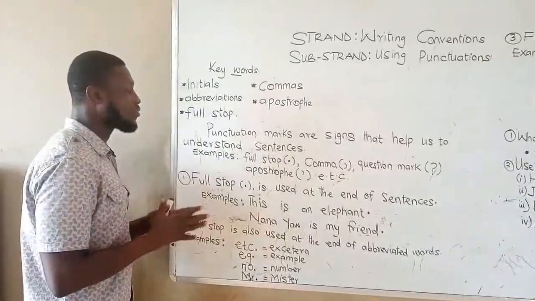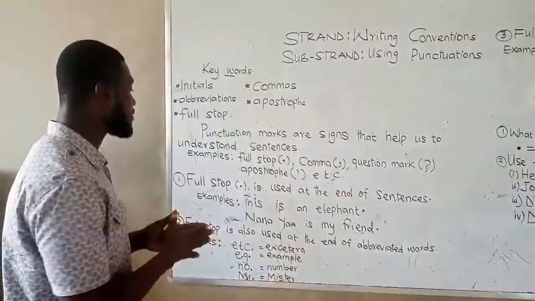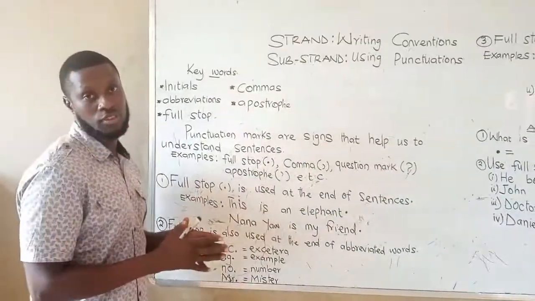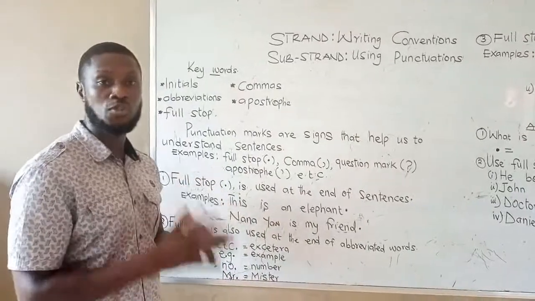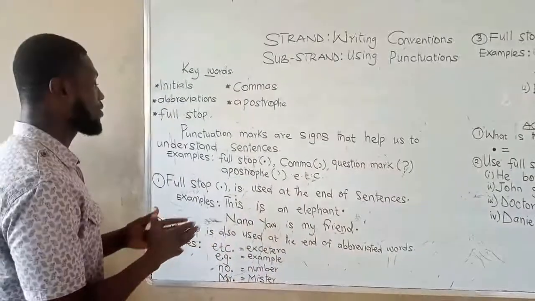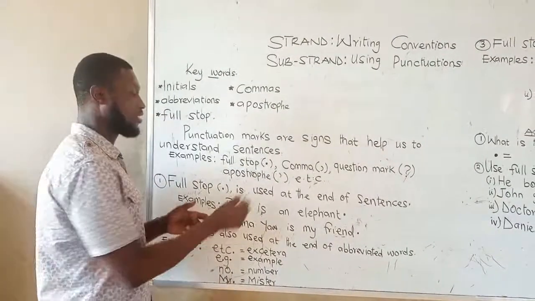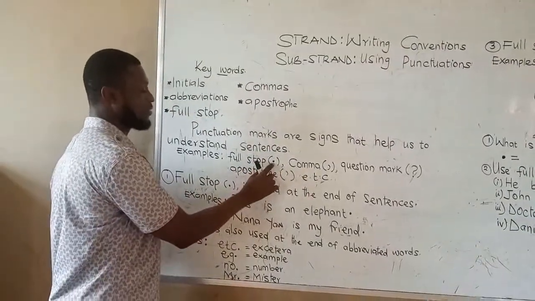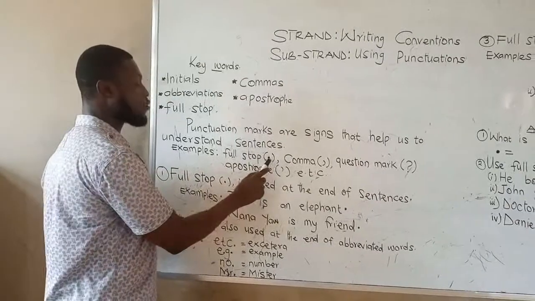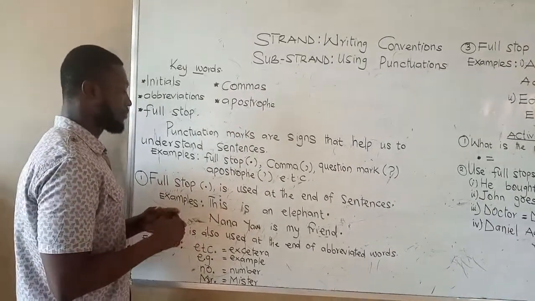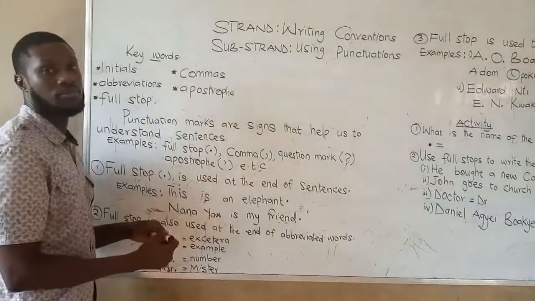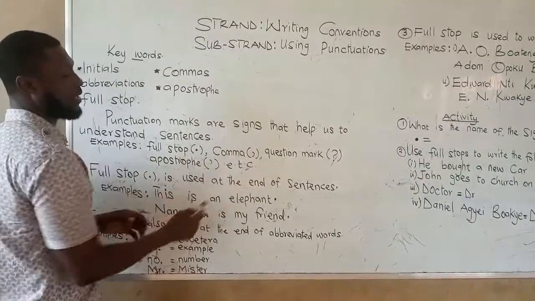The first one we are going to look at is full stop. Can you say that after me? Full stop. When you say full stop, this is how it is written. In the bracket, you see a sign there. This is what we mean by a full stop. Comma. In the brackets, as you see there, that is a comma.